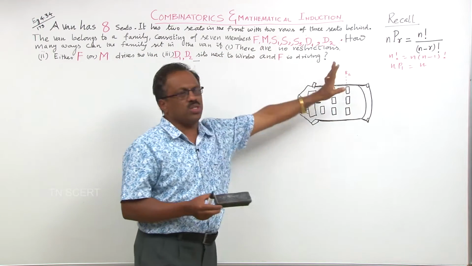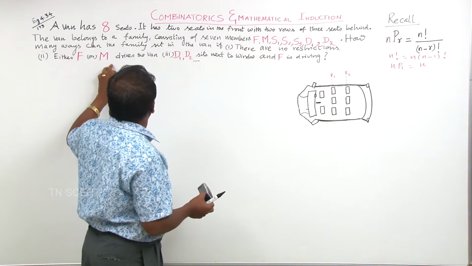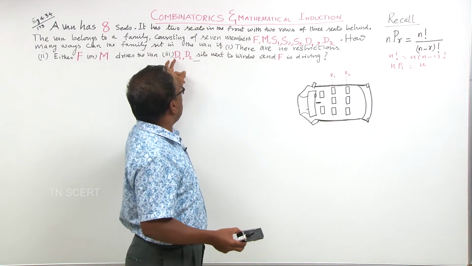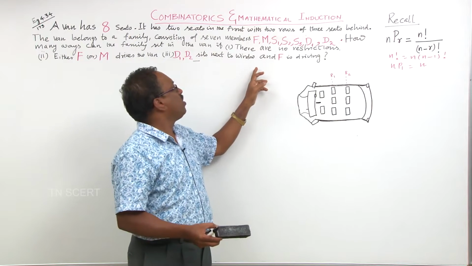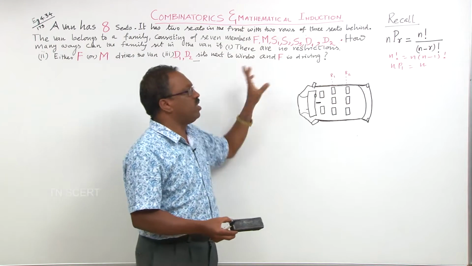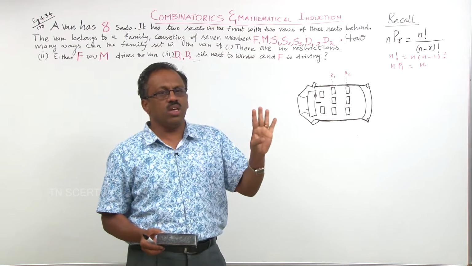First, there are no restrictions. Second, either father or mother drives the van. And the third condition is that daughters are likely to sit on the window side and father has to drive, provided father has to drive. That is a condition.